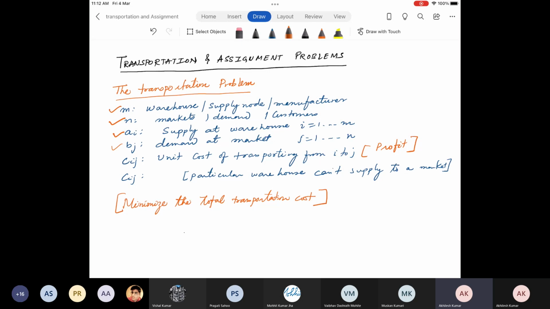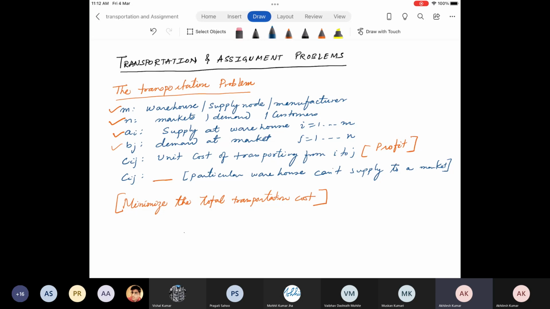Now, I have written C subscript IJ equals blank here. Suppose a particular warehouse cannot supply to a particular market. What should we put the cost as, if we are trying to minimize the total transportation cost? Let's say I want to ensure that the Chennai warehouse should not transport any product to the Kashmir market.